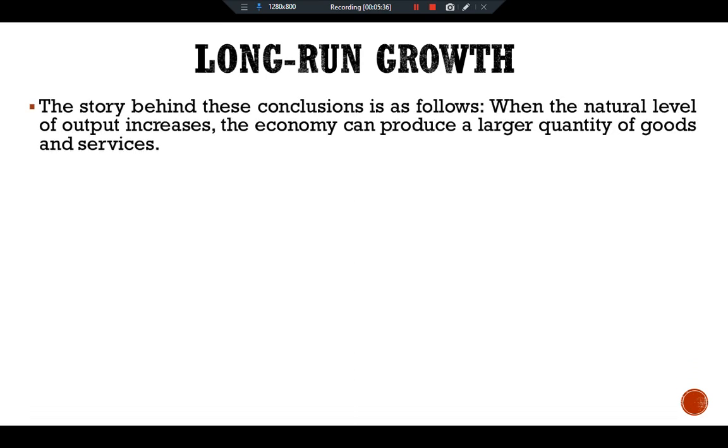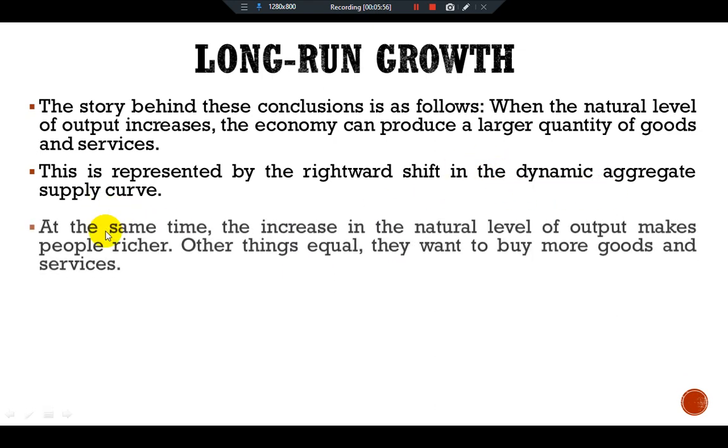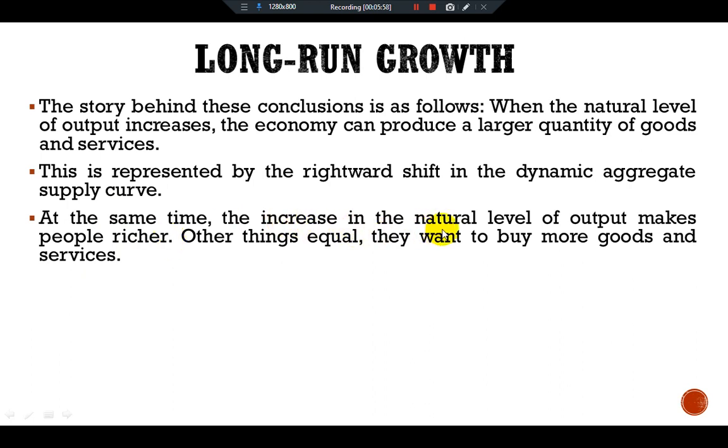The story behind these conclusions is as follows. When the natural level of output increases, the economy can produce a larger quantity of goods and services. This is represented by the rightward shift in the dynamic aggregate supply curve. At the same time, the increase in the natural level of output makes people richer. Other things equal, they want to buy more goods and services.